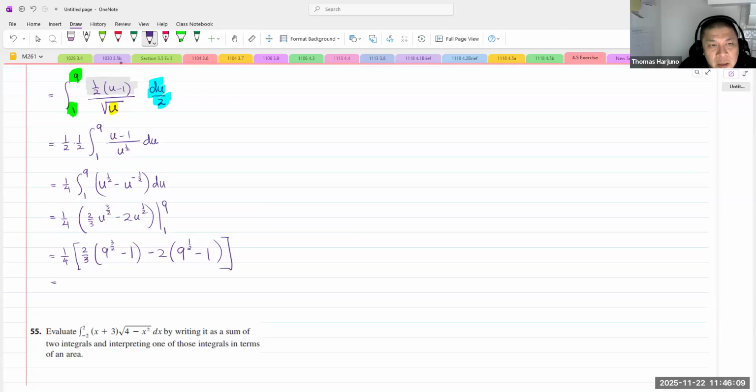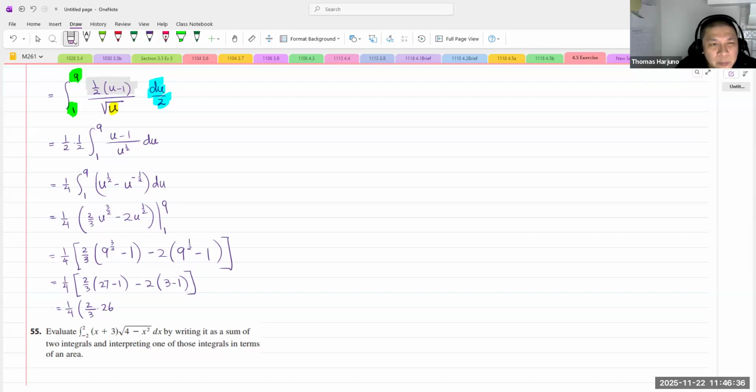And this is 1/4 times 2/3 times, square root of 9 is 3, 3 cubed is 27. 27 minus 1 minus 2 times 3 minus 1. 2/3 times 26.